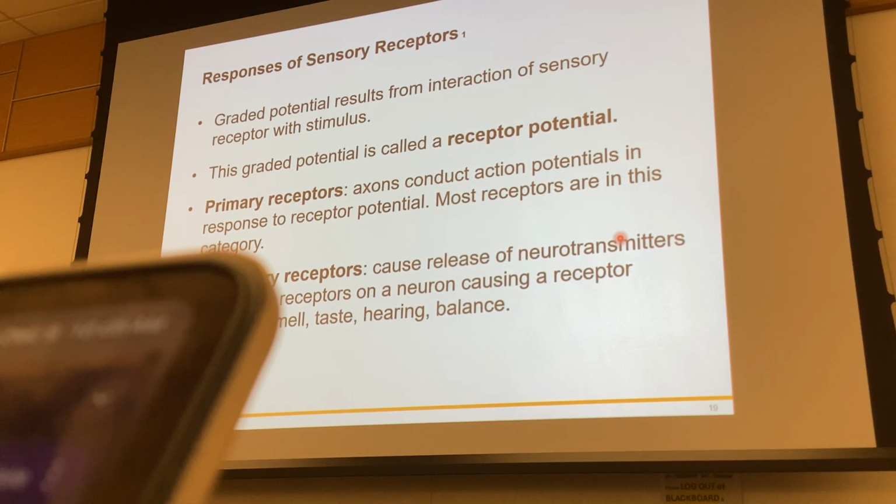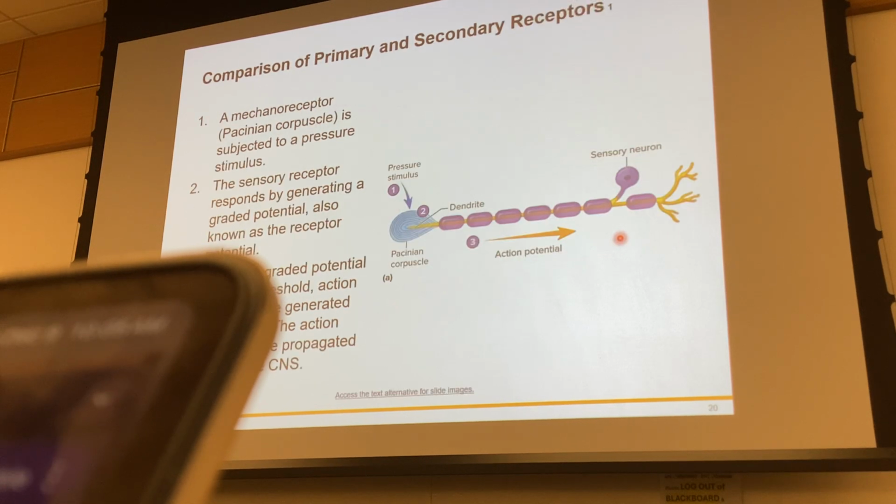Now, don't worry about the fact that I can ask about the different types of receptors, but I won't ask for examples of secondary receptors, especially in the context of smell, taste, hearing, and balance, because those are special senses. So once again, I'm trying to draw that line right there.